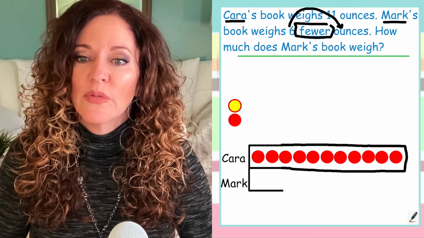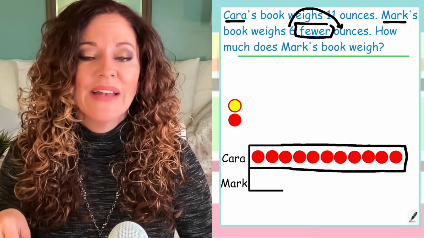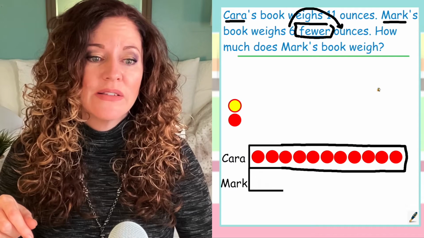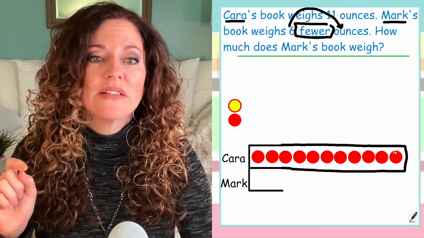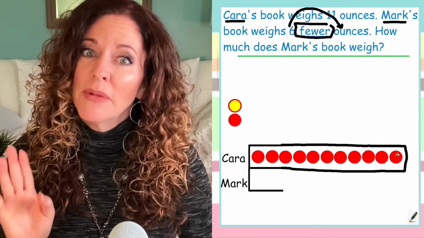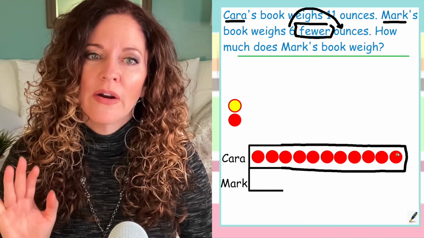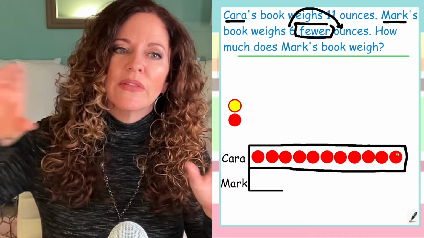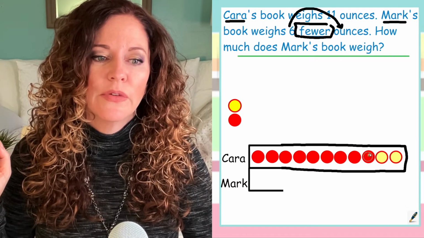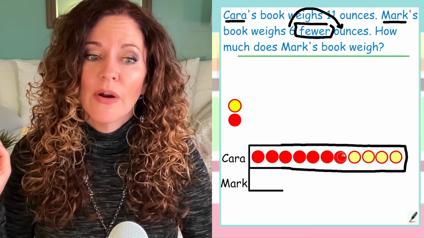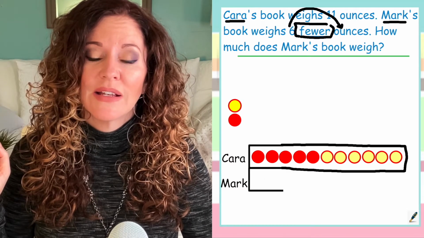What we're going to do is look back at what Kara's got right here, and we're going to flip over 6 of her red counters. We're going to keep them in her box because those still belong to her, but those are the fewer ones that Mark has. So we're going to use our yellow, flip them over, 2, 3, 4, 5, 6.